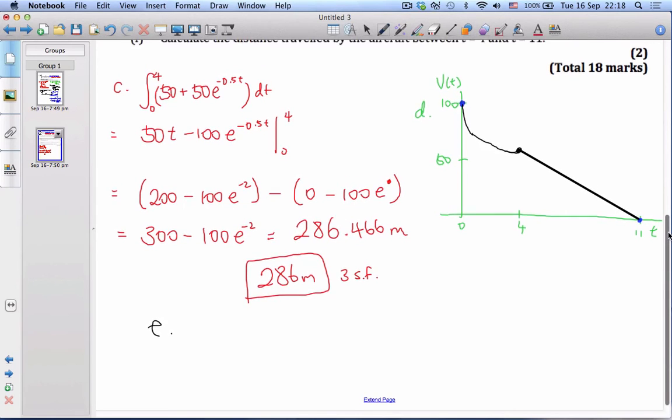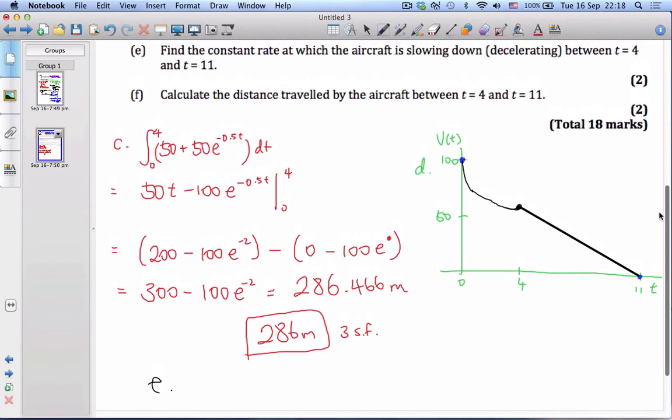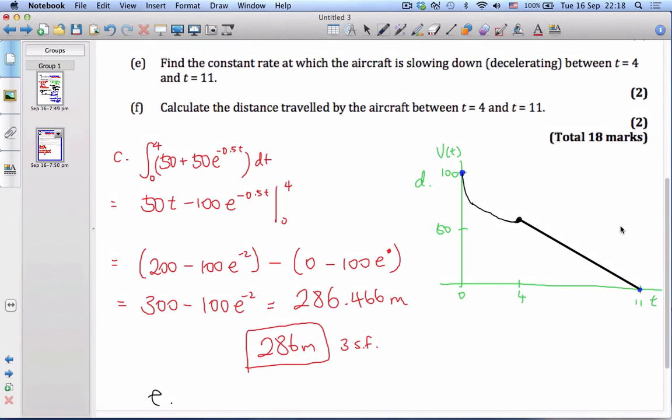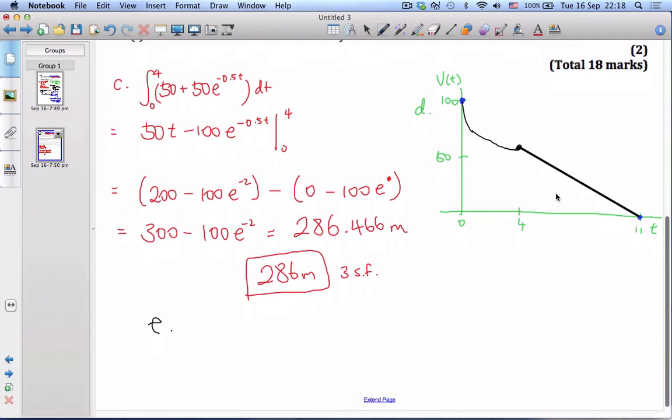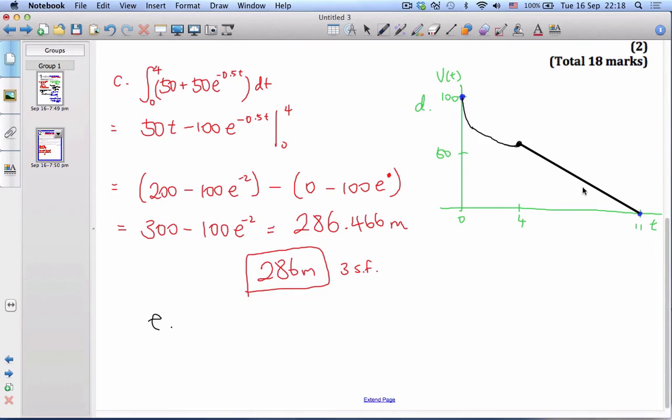The question is, find the constant rate at which the aircraft is slowing down between 4 and 11 seconds. That's not too bad. You're asking for the slope of this straight line. So how did the y value change? It went from 56.767 to 0, and that happened from 4 to 11 seconds. 11 minus 4.